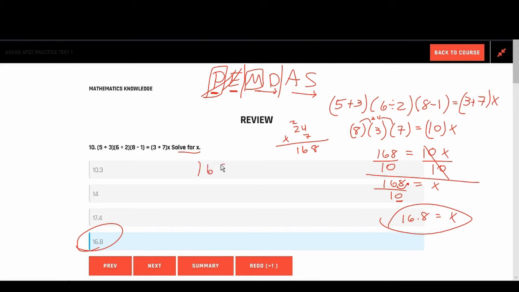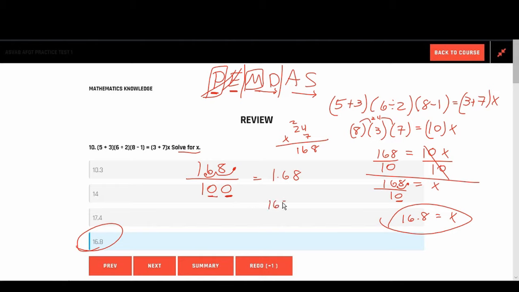If this was 168 divided by 100, again, the decimal place is technically right there. We have 2 zeros by which we're dividing. So we're going to shift this 1, 2. So we know this would be 1.68. Okay?